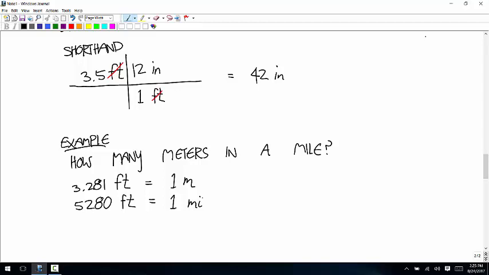And so what we're going to do, this first conversion example, we did it all in one step. We knew the equivalence between feet and inches. This one we're going to have to do in 2 steps because we're actually trying to find the equivalence between a mile and meters. So our starting quantity is going to be 1 mile. We're going to use this equivalence to express that in feet. And then we're going to use this equivalence to express it in meters.